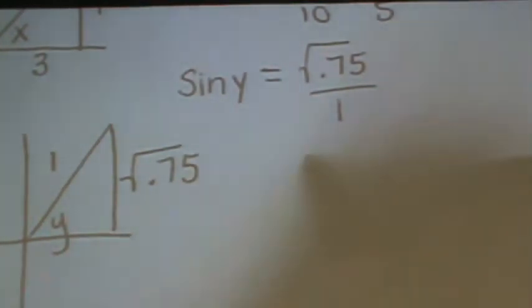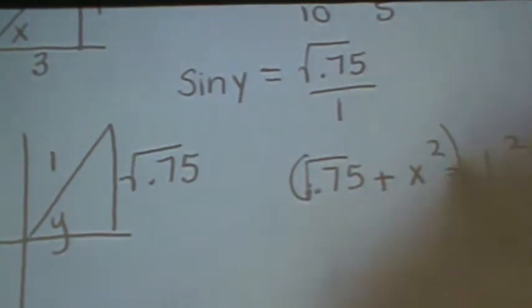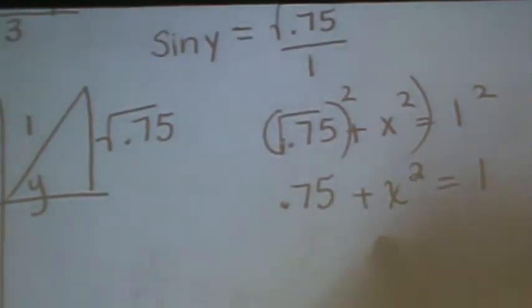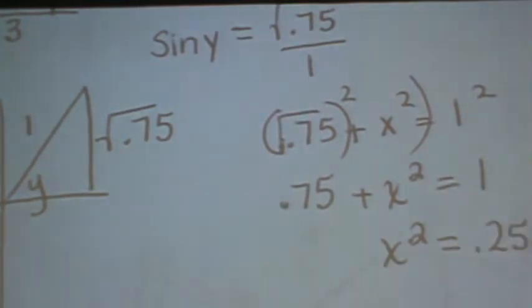So what you have to do is use the Pythagorean theorem. We have to square these. So 0.75 plus x squared equals 1. Subtract 0.75, and we end up getting 0.5.